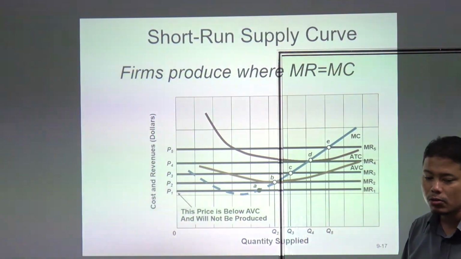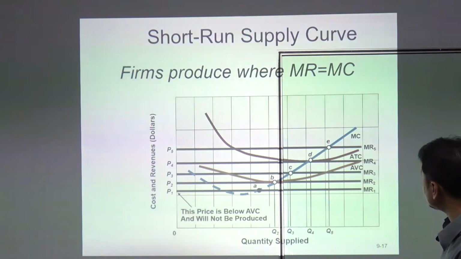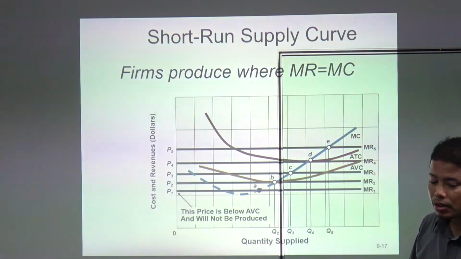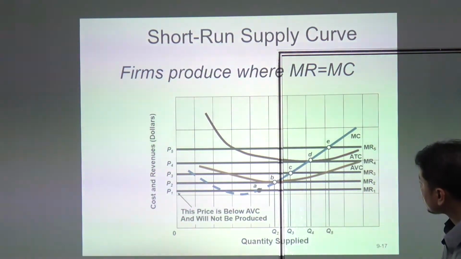So when price is just equal to average total cost, this is normal profit level or break-even level. The firm is able to cover all costs, implicit as well as explicit. It doesn't mean that the firm doesn't make any profit at all. The firm does make accounting profit plus the normal profit, but there's no additional economic profit.